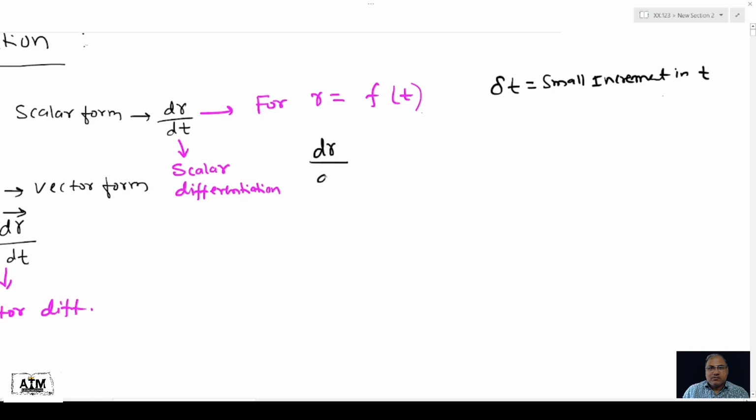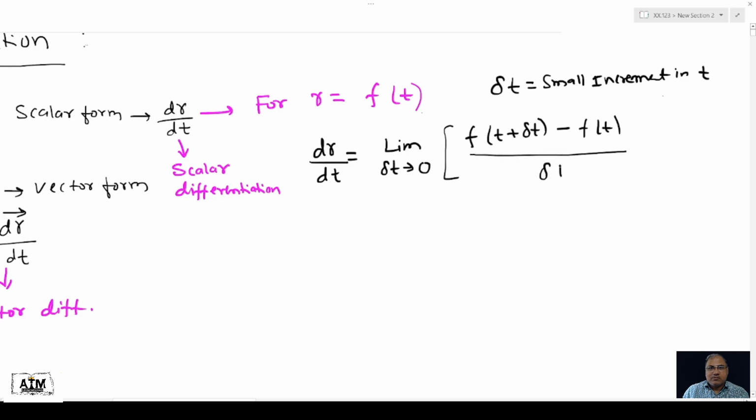Scalar differentiation is defined as dR by dt equals the limit as delta t tends to 0 of f of t plus delta t minus f of t, divided by delta t. In this definition, vector is not involved. It is a purely scalar form. Therefore, it can be called scalar differentiation.